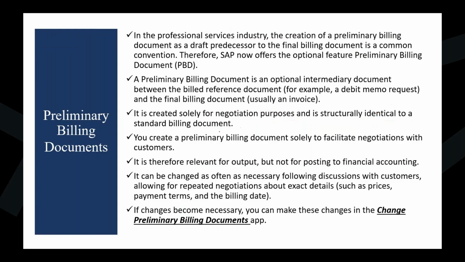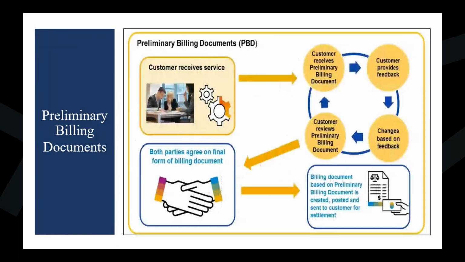You create a preliminary billing document solely to facilitate negotiations with the customer. It is relevant for output, but not for posting to financial accounting. So when you create a preliminary document, the data is not transferred to the accounting department. Only when you create a final invoice, the data will go to financial accounting. So this is the process.